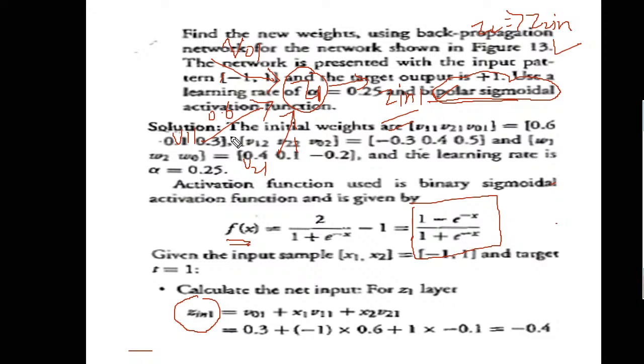So we multiply x1 by v11, plus x2 by v21, plus the bias v01, whose input is 1. The bias is 0.3, plus x1 which is minus 1 multiplied by its weight 0.6, plus 1 into minus 0.1, and you will get minus 0.4. So z_in1 is minus 0.4.